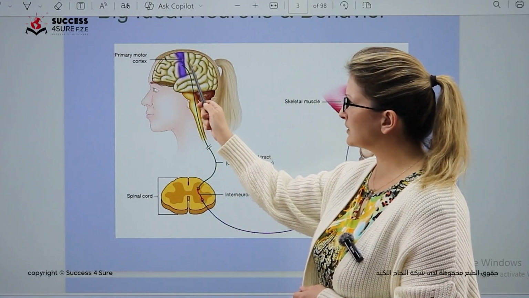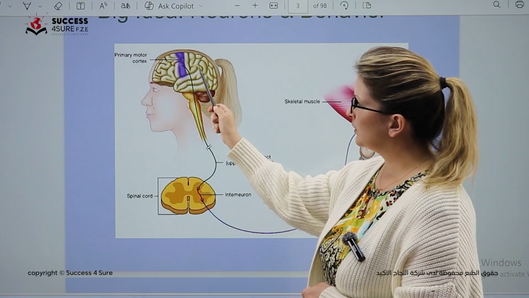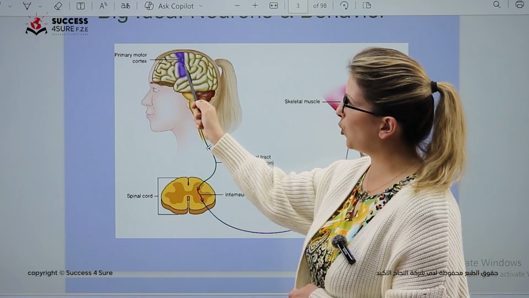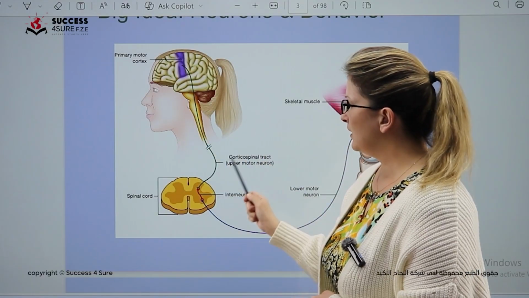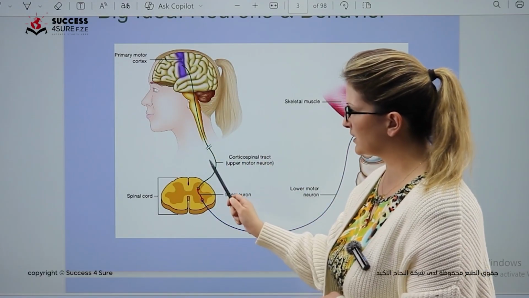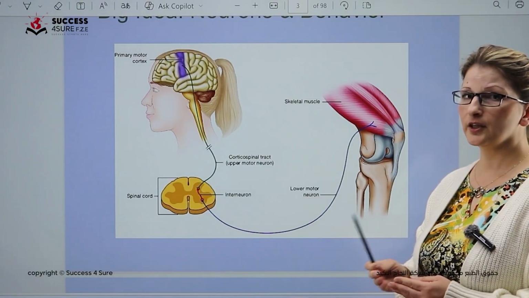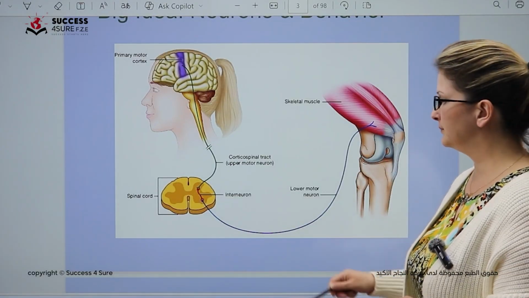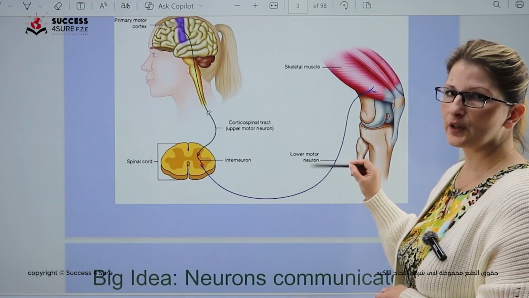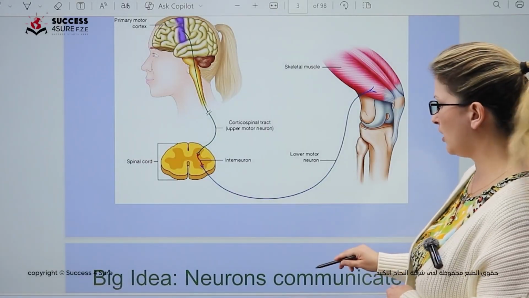So these impulses are moving from the cortex in our brain, processed here in the spinal cord, and then move to our muscle to produce a voluntary or involuntary movement. Of course, we'll be talking about that in detail later on.